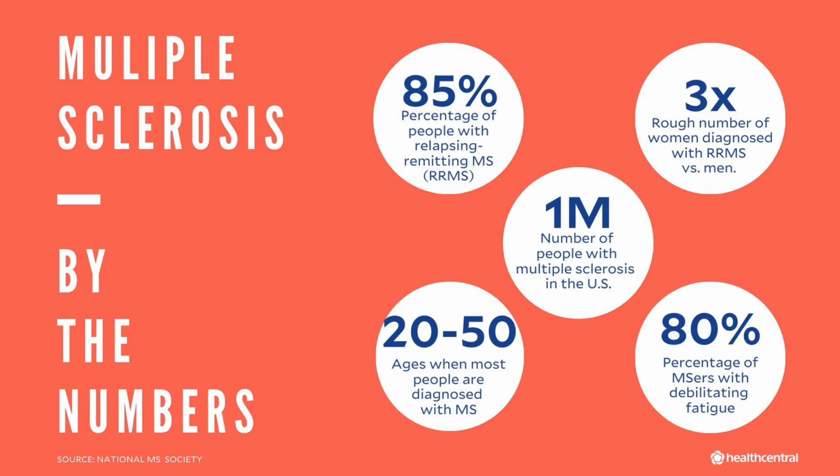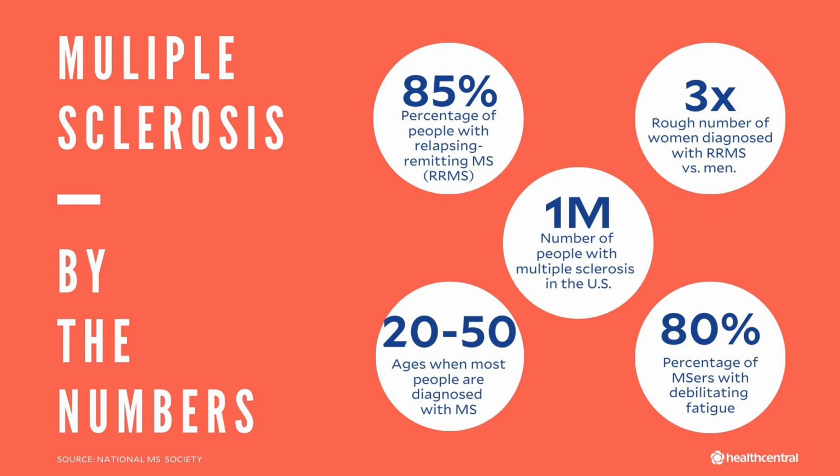So just a few fun facts about multiple sclerosis. About 85% of them, as I mentioned earlier, have relapsing remitting MS. About 3 times the number of women are diagnosed as the number of men, and this tends to be true with autoimmune diseases in general, they tend to affect women more than men.